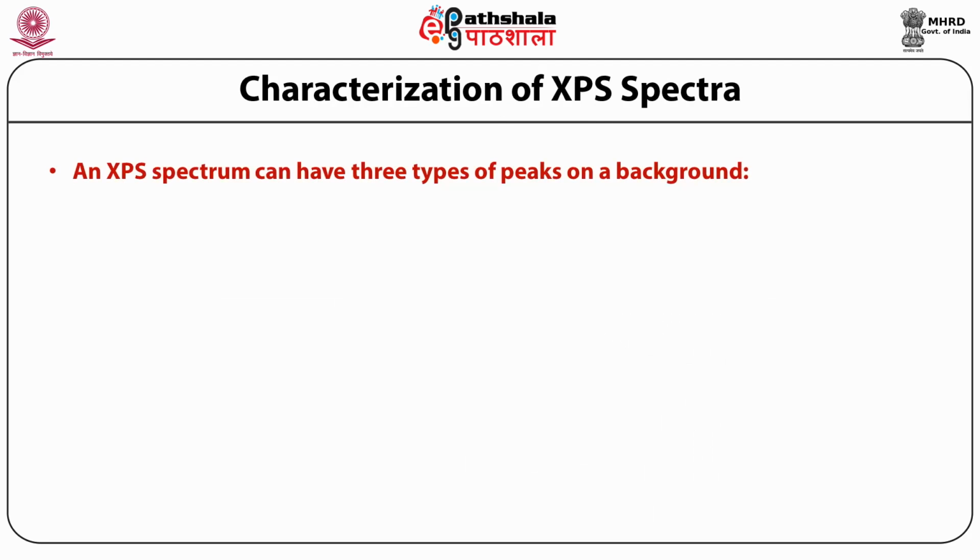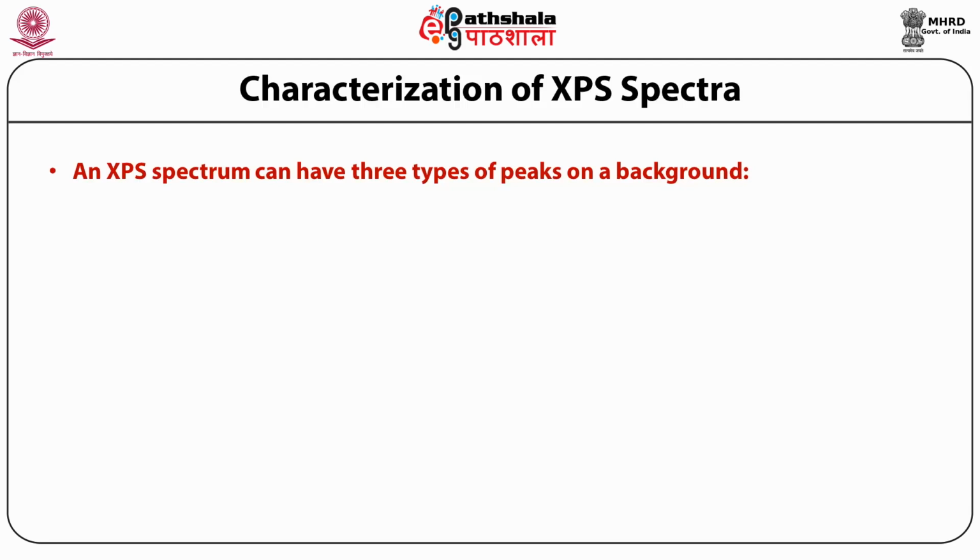An XPS spectrum is a plot of intensity versus binding energy. Photoelectrons are ejected from different electronic shells and subshells. Each binding energy peak is marked as an element symbol plus a shell symbol from where the photoelectrons are emitted. Example: aluminium 2p, oxygen 1s.